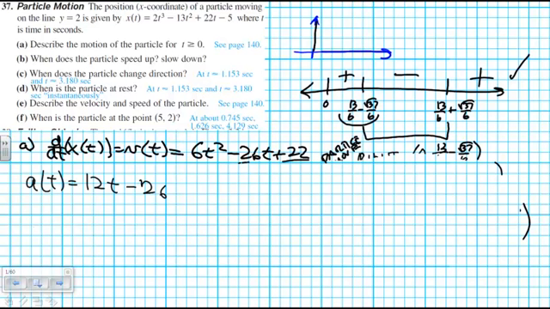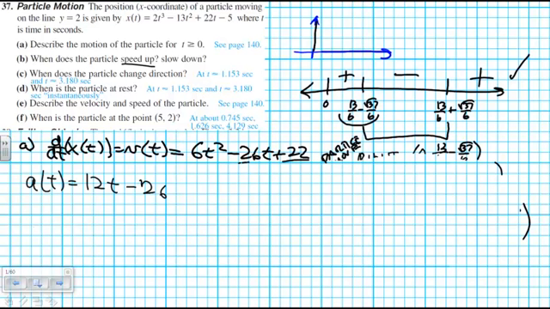When I toss it in the air, it has positive velocity, but it's got negative acceleration. So something slows down when velocity and acceleration are in two different directions. So we have to take those two things into account, the direction of the velocity and the direction of the acceleration, in order to answer the question, when does the particle speed up?